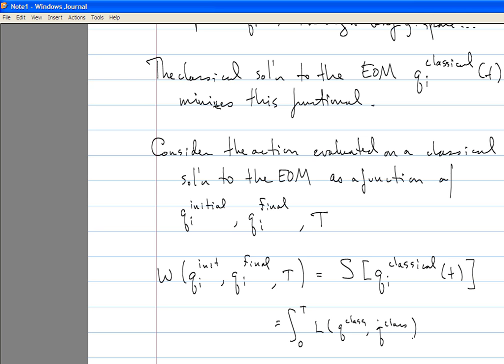Usually, if you think about integrating a differential equation, you specify only initial data, and then you use that to compute final data. But in principle, at least, you could imagine specifying n pieces of initial data and n pieces of final data, rather than 2n pieces of initial data. So in practice, this is not a terribly useful thing to do, but in principle, it's something you can do. And it's something that we will do because it will give us a very nice way of understanding exactly what the action of a classical system is.